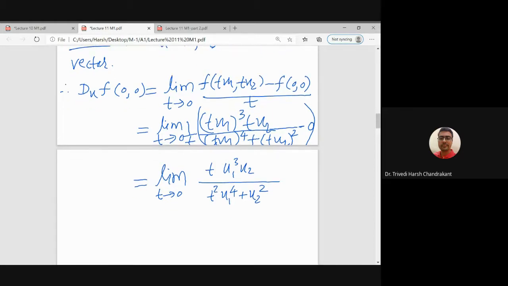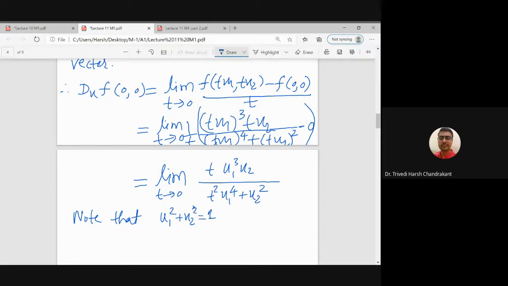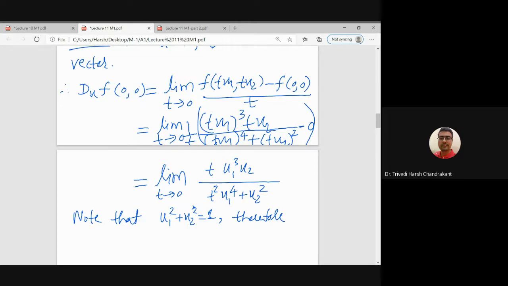Right. So what we know here is, u1 u2 satisfies this equation because it is a unit vector. Right. So u1 square plus u2 square is equal to 1. So that means since u1 square plus u2 square is 1, u1 and u2 both cannot be 0, because if u1 and u2 both were 0, then we'd get 0 is equal to 1, because left hand side will be u1 square plus u2 square, that is 0, right hand side is 1.